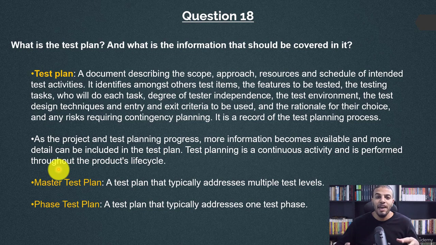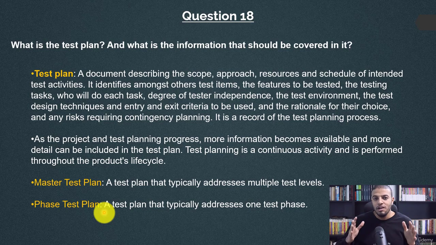On the other hand, if we have a more complex project, we use phase test plans, okay? We might have more than one test plan inside our project. And those phase test plans are divided into two types. We might have level test plans, for example, unit testing test plan, integration testing test plan, system testing test plan, and acceptance testing test plan. On the other hand, we have type test plans, okay?